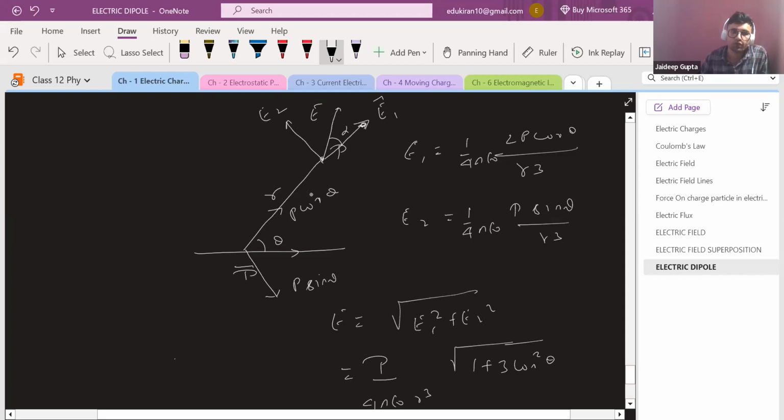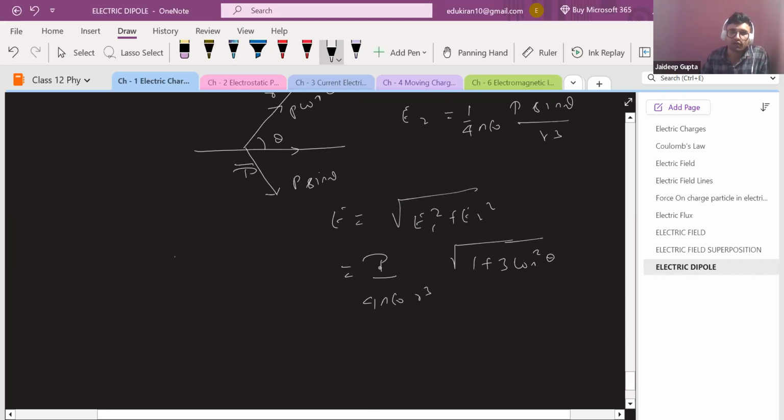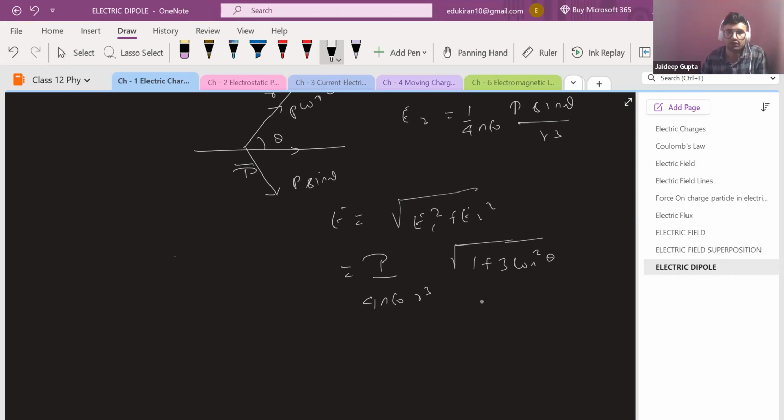E1 is the axial component due to this, and due to P sin theta, E2 is the equatorial component of the electric field. I just put the formula: the electric field at an axial point is 1 over 4 epsilon 2P over R cube, so you have to replace P by P cos theta. Likewise, E2 is 1 over 4 epsilon P sin theta over R cube, where I replaced the dipole moment by P sin theta. Then I took the resultant of these two electric fields, and the result is P over 4 epsilon R cube under root 1 plus 3 cos square theta. Is it okay?